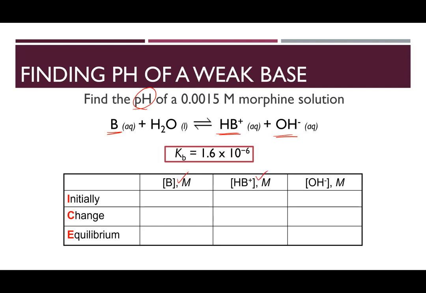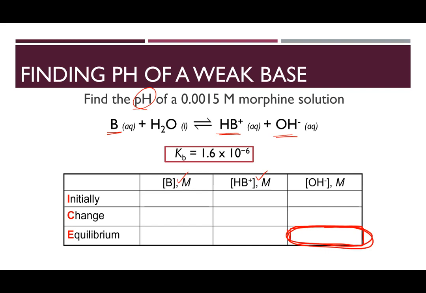Concentration of HB won't get us there. But if we can determine the equilibrium concentration of hydroxide, we can take that to hydronium and then to pH. Or we could take it to pOH and then to pH.